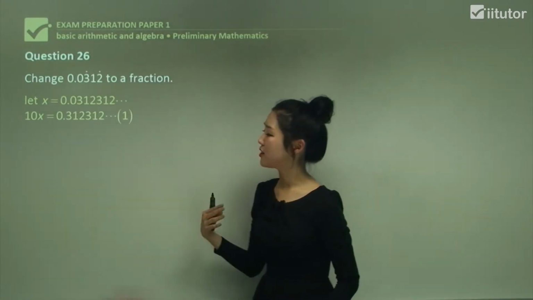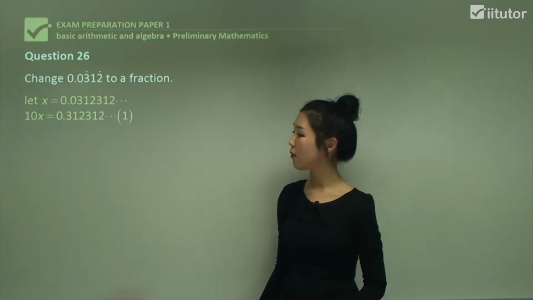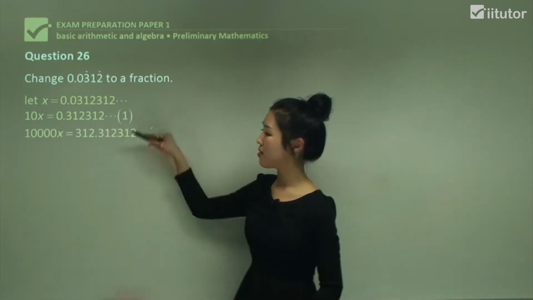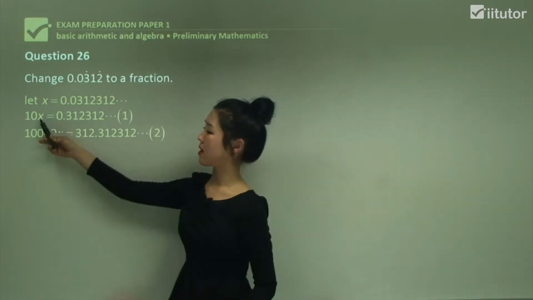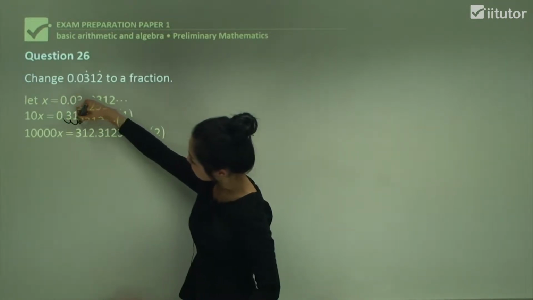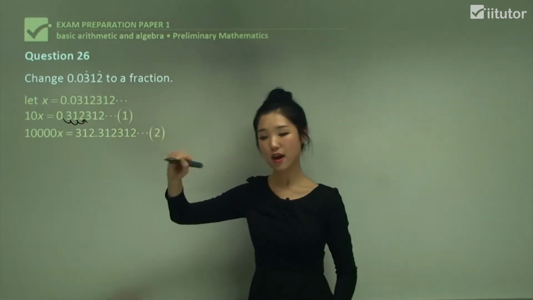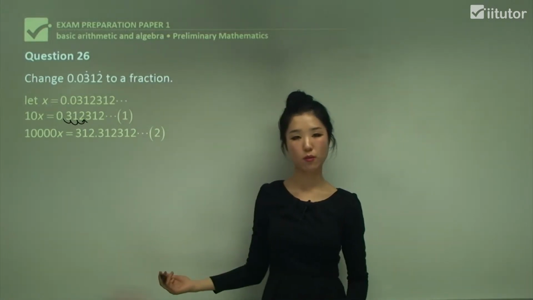Okay? Now if I do that, I need to consider another multiplication of 10. What I'm going to do is multiply this equation 1 by 1,000. So this side will become 10,000x, and if I move this 3 places to the right, I will have 312.312.